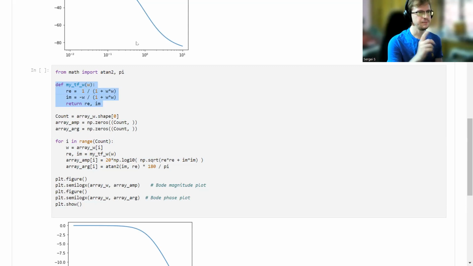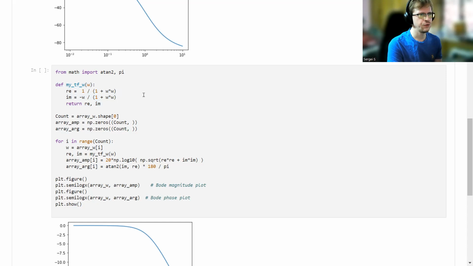Right. Also, yes. I know that we can write complex numbers in Python. Can we use it here? We can. Like it seems like just using tuples to define it, not like exact complex number.